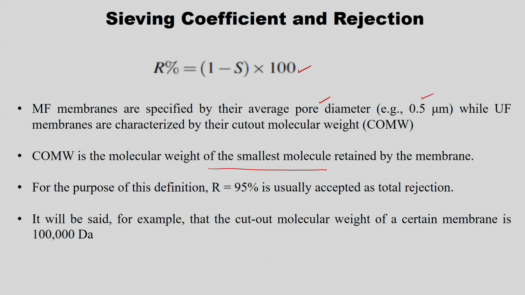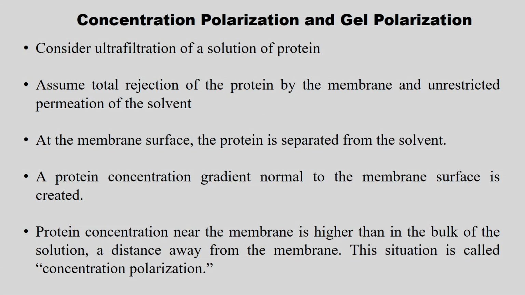How do I define the smallest molecule retained by the membrane? A retention coefficient of 95% is usually accepted as total rejection. So, it will be said, for example, that the cutoff molecular weight of the membrane is 100,000 Dalton.